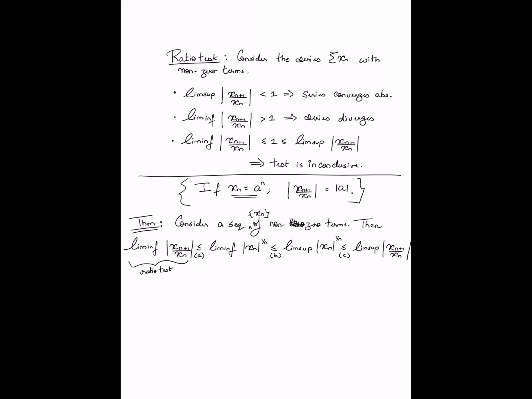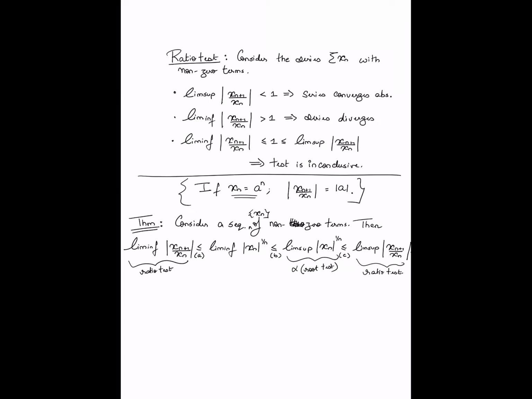That, according to this theorem, is less than or equal to the lim inf of mod xn raised to 1 by n, which is obviously less than or equal to the lim sup of the same sequence, and this is exactly what we called alpha from the root test. Finally, the rightmost number, which is the largest in the string of inequalities, also shows up in the ratio test.